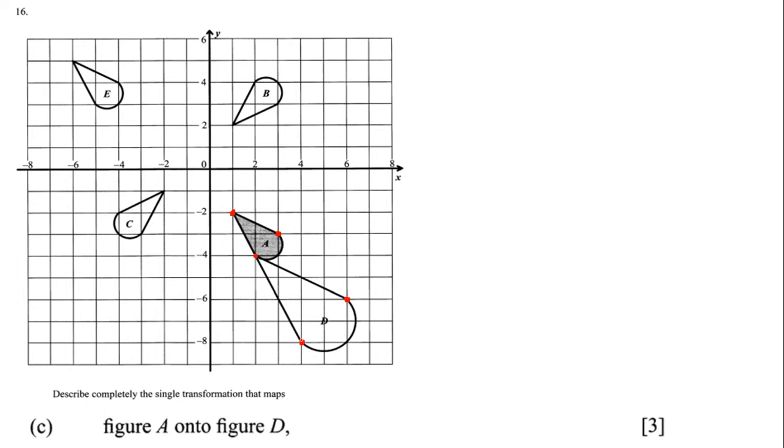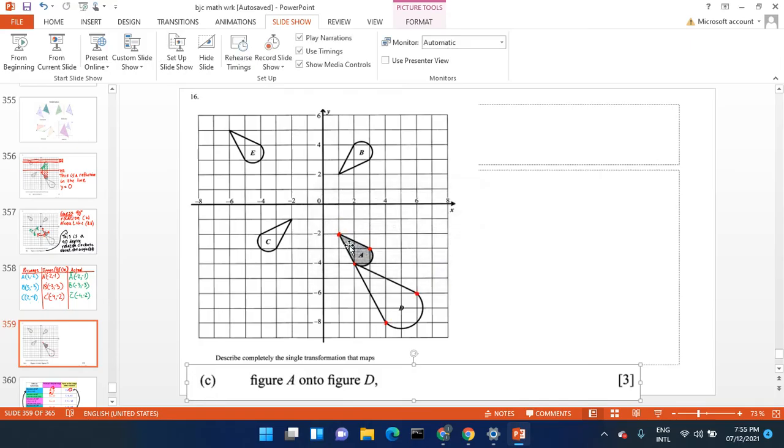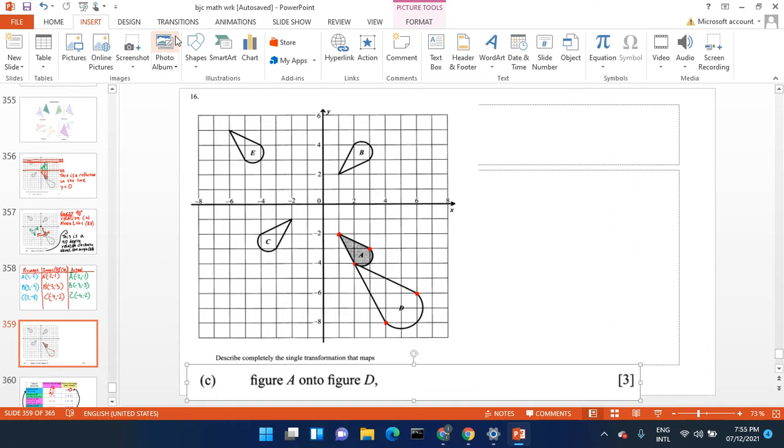In order to find the center of enlargement, we have to draw a line through the corresponding points. So we have to take this line right here and draw it to connect. This point and these two points we must connect.